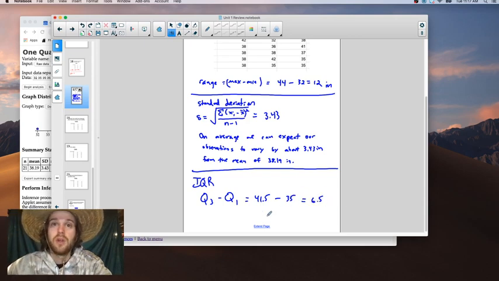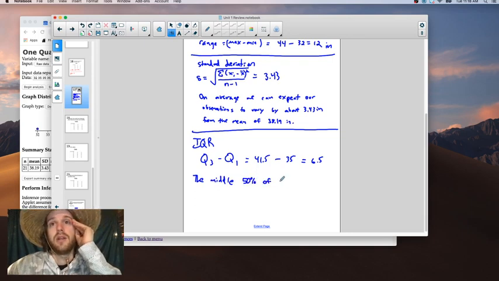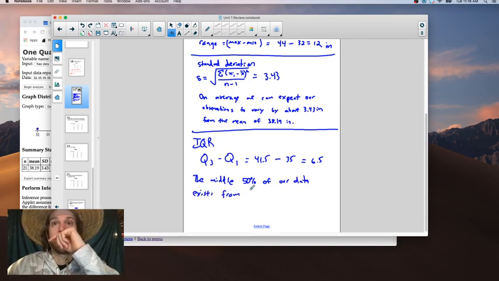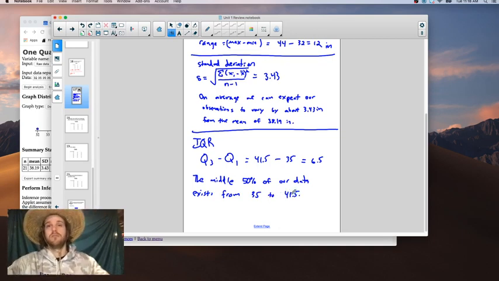That makes sense. Okay, so what's the interpretation of the interquartile range? Basically, the middle 50% of our data exists from 35 to 41.5.